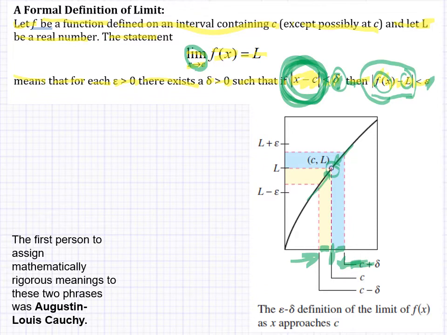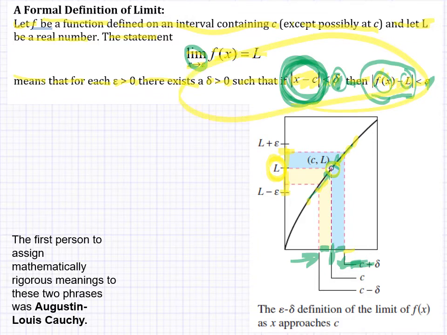Well, epsilon is the distance there. So f of x is these arbitrary y values here, here, here that we're approaching this particular y value. And the same thing here, here, and here. And the distance between each y value and that limiting value is epsilon.